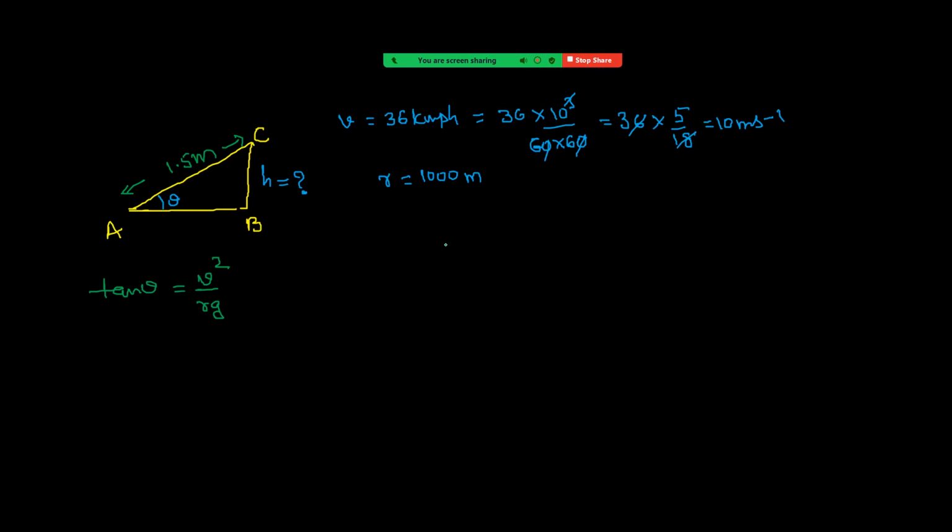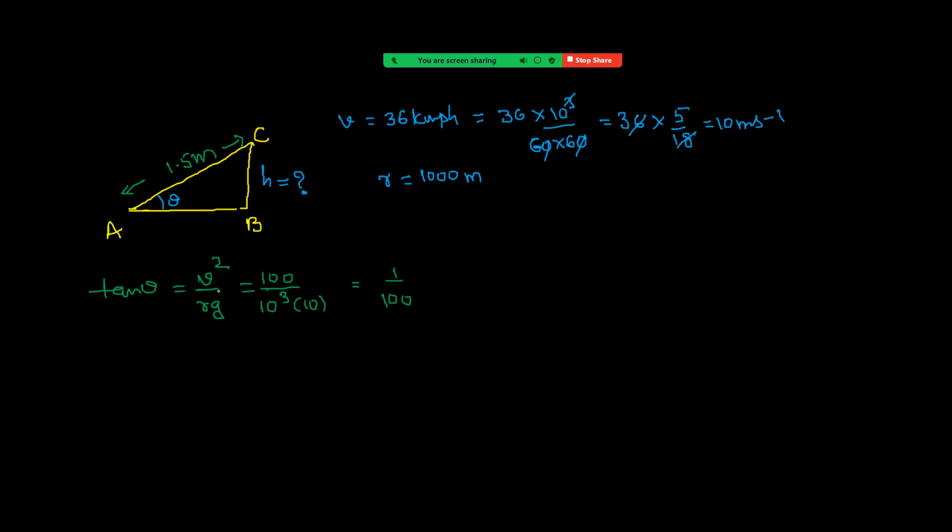First of all, calculate the theta value. v square by rg, v value is 10, so v square is 100. R value 1000, g value 10. This is equal to 1 by 100, right? So tan theta equal to 1 by 100.